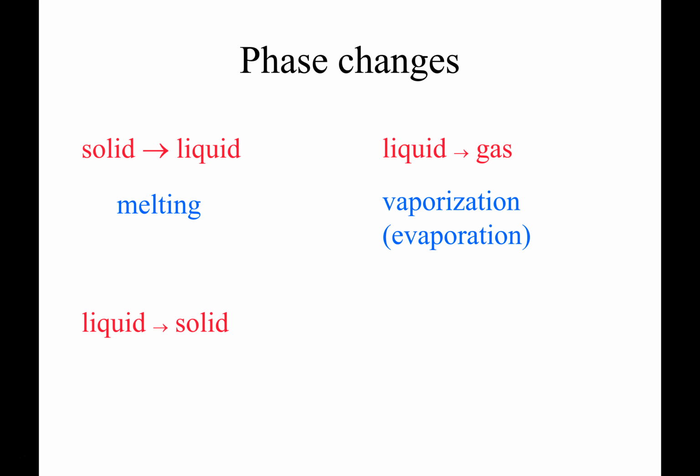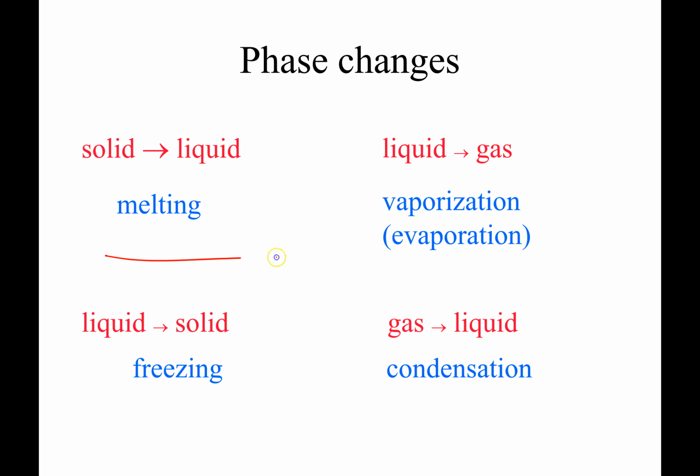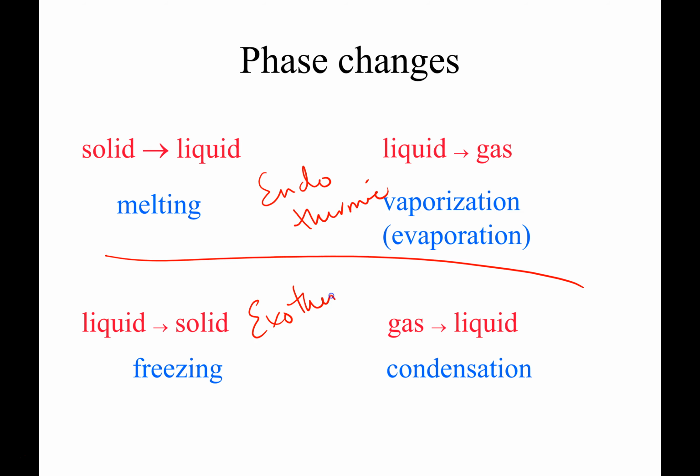Now, liquid to a solid, bonds are formed, so exothermic, we call that freezing. And a gas to a liquid, bonds are formed, also exothermic, we would call that condensation. So top ones are endothermic, and bottom ones are exothermic.